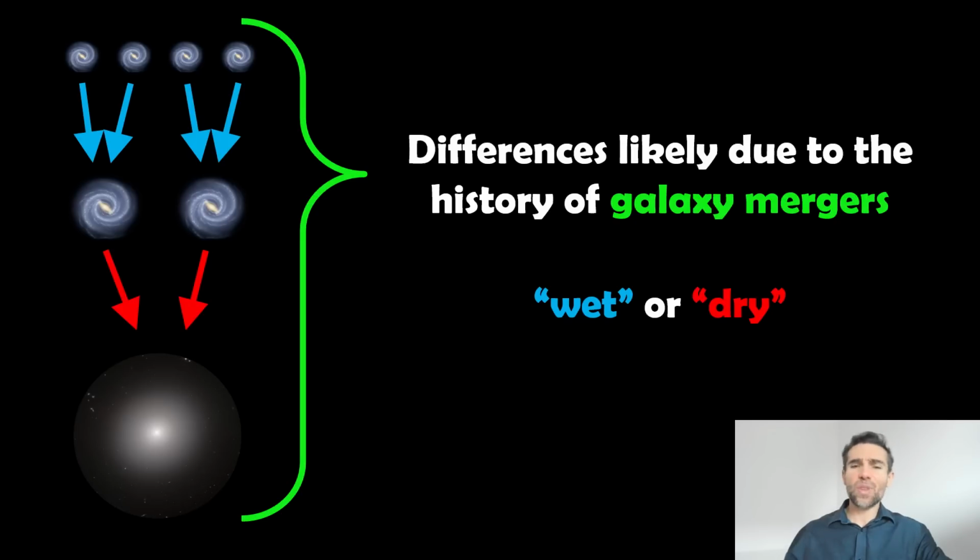Well, when two galaxies with gas in them collide and merge, you get a sudden increase in star formation. If you have a dry merger, it means there's no gas there, so you don't get an increase in star formation. And that can impact what's happening in the centre. If you've got an excess of light, then that can help explain why: we might have a sudden increase in star formation, which can then give us that excess amount of light.